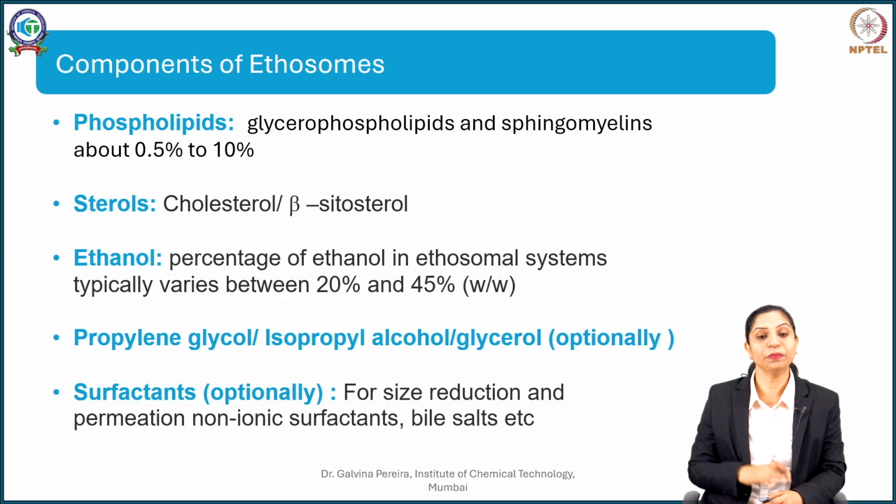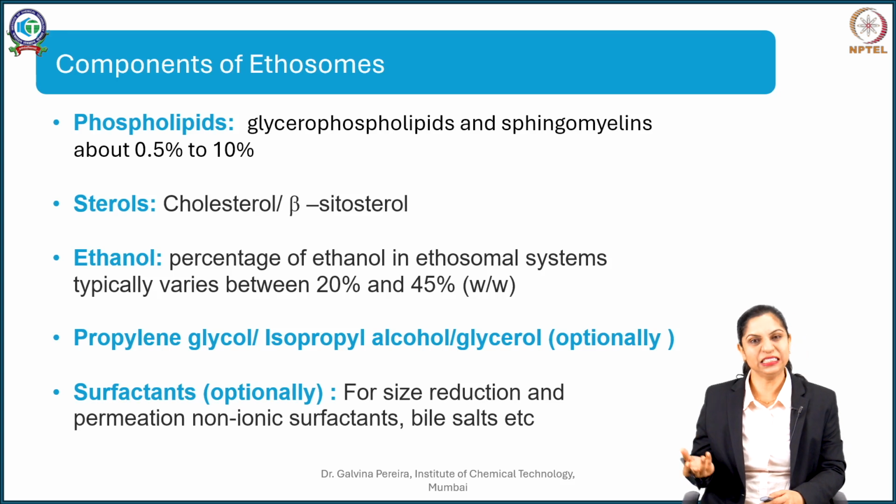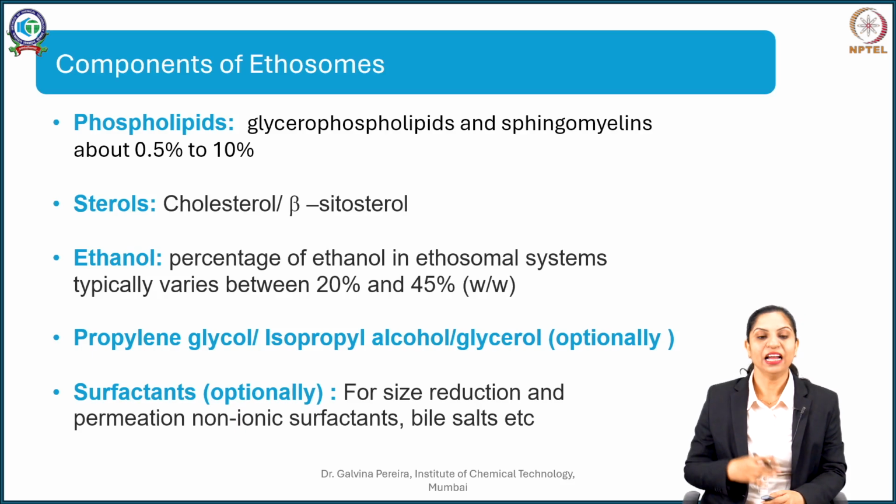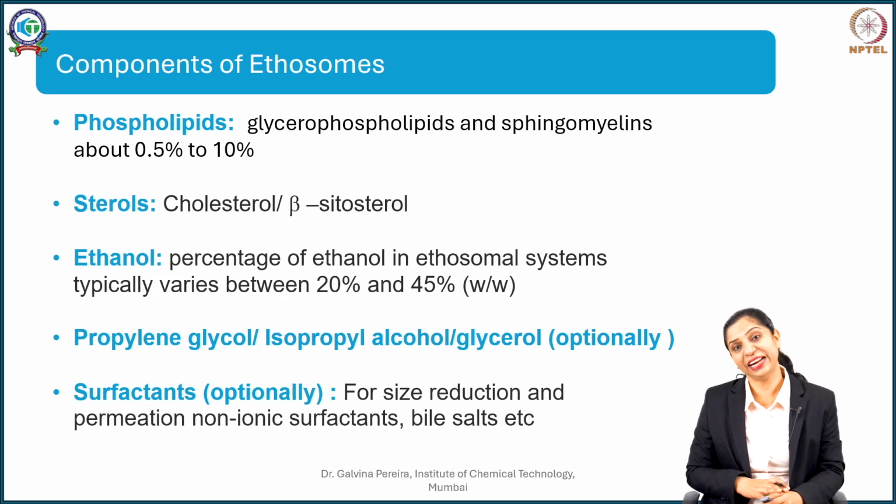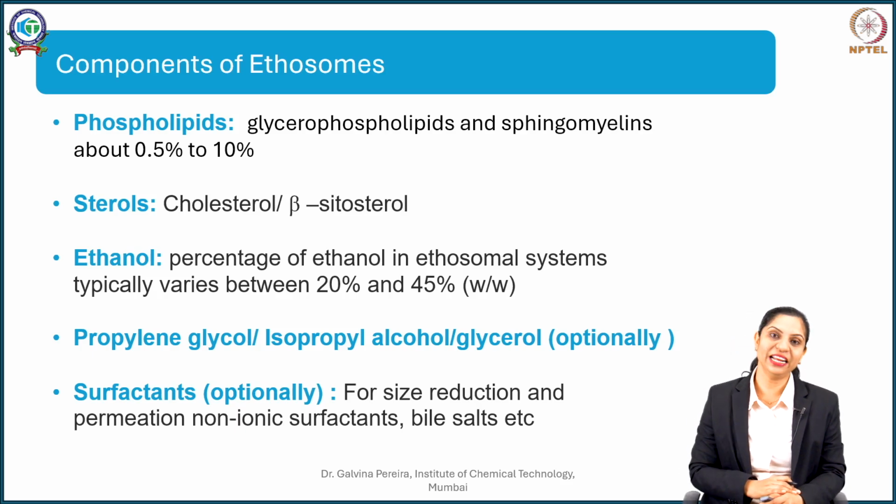In some cases, it might be replaced with isopropyl alcohol as well as glycerine or glycerol in order to reduce the volatility of the ingredients. In some cases, when you want more permeation, you might add permeation enhancers. These can include surfactants such as Tweens and Spans, and in certain cases even bile salts have been added.